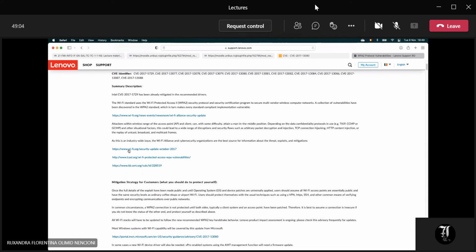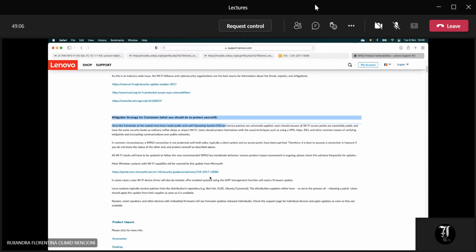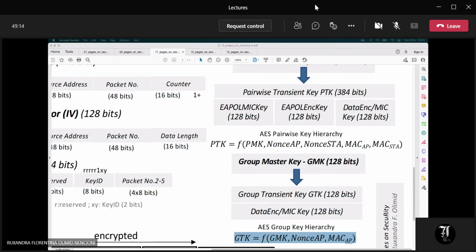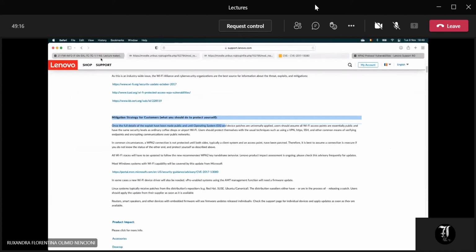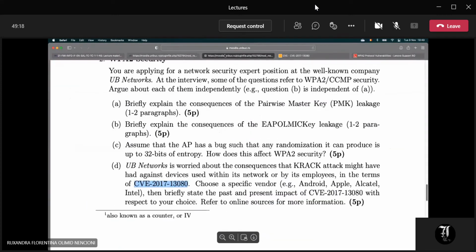You check if it was fixed or not. You draw some conclusion, you write your answer in a few phrases. How much was it, 1-2 paragraphs again, I think. Where was this? Here. Yeah, so briefly state the impact.